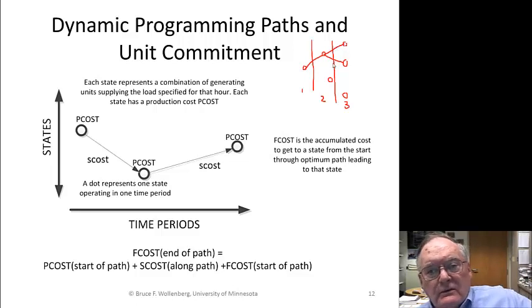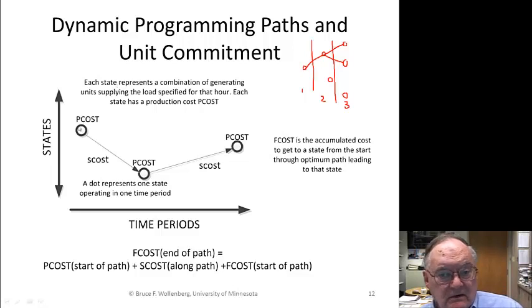Well, we're going to do unit commitment that way. In this case, there was only a cost going from one state to the next. In dynamic programming for unit commitment, we add a little more complexity now.